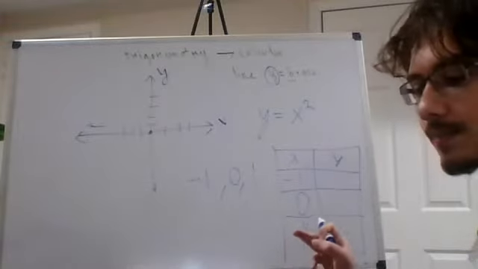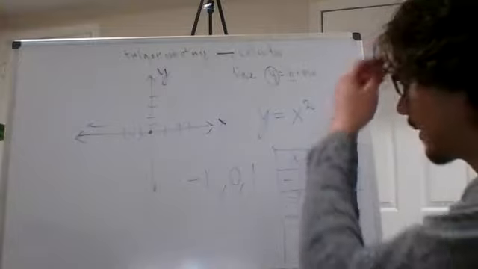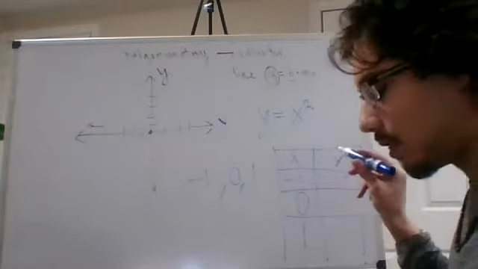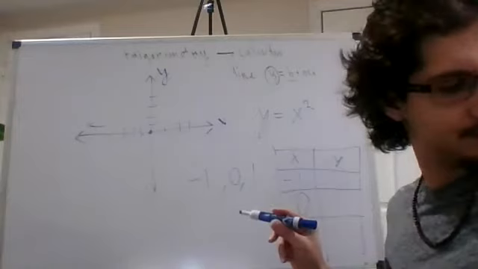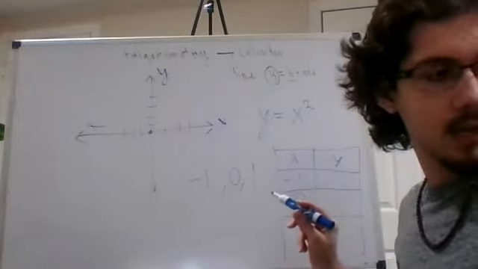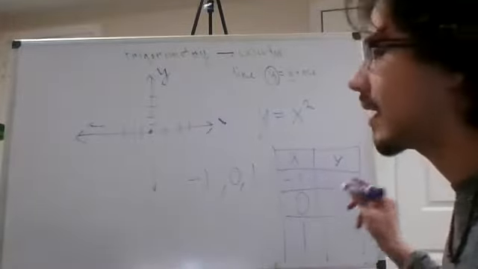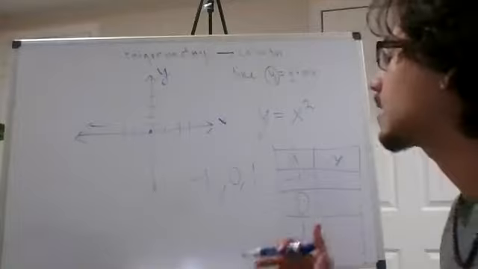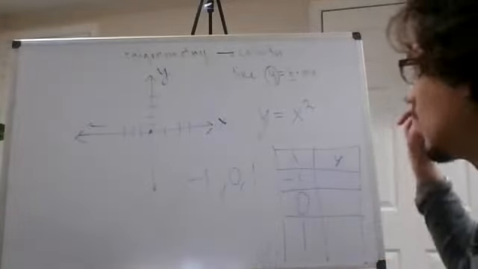Does that make sense? Yes, sir. Okay. This is not the optimal way of understanding how a function works. You'll have to understand that later on, but for now, it's a great way of doing it.